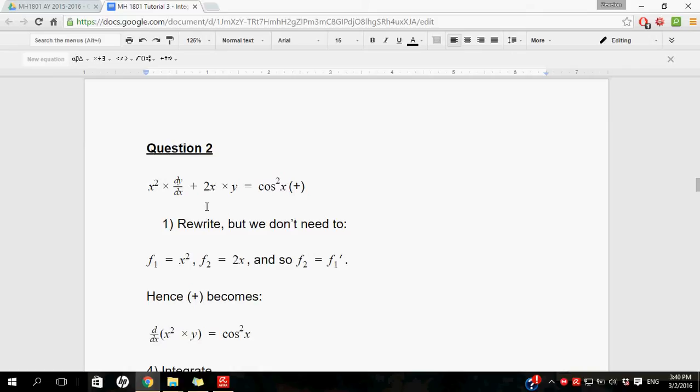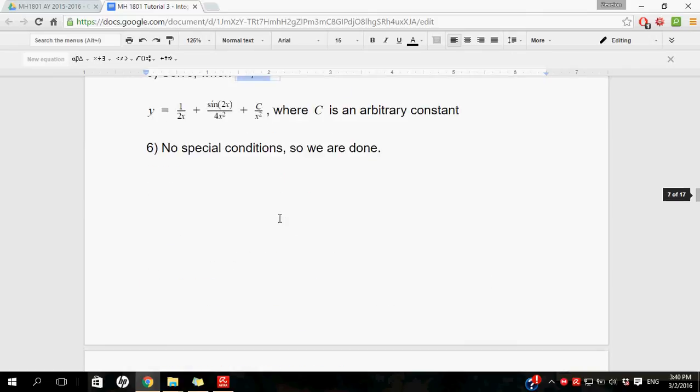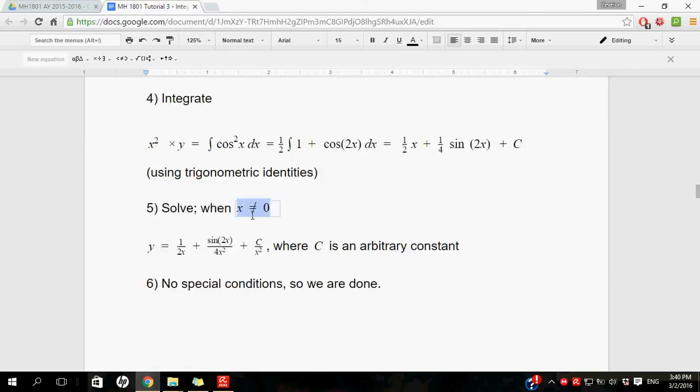It would mean saying 0 equals 1. That doesn't make sense at all. It's not allowed. Therefore, we never can have x equal to 0. x is always non-zero. This is the solution, and this solves question 2.